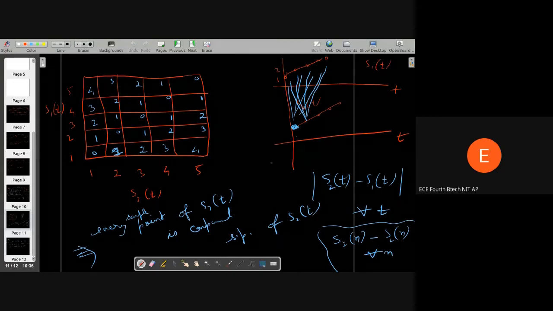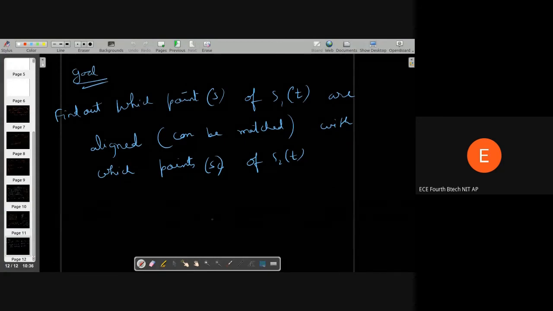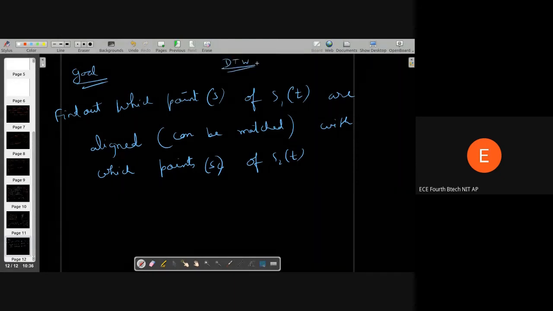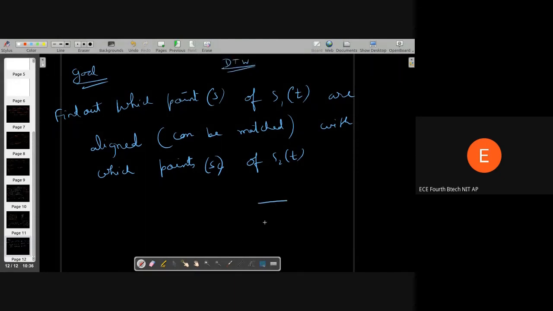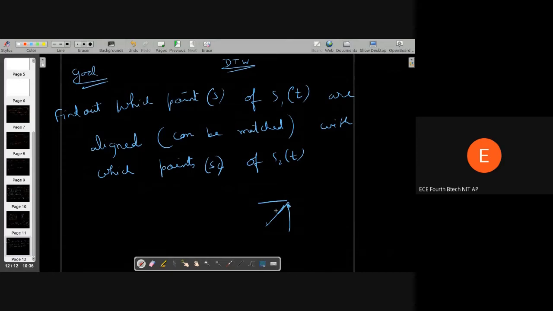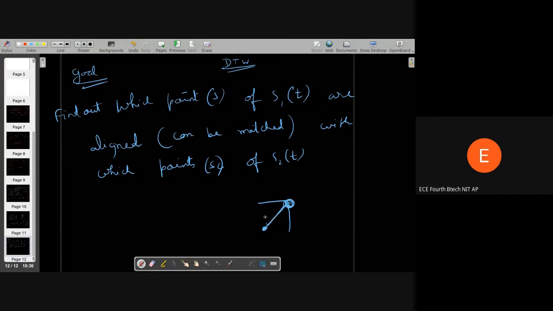So let's go back again to this. In DTW, the name is dynamic time warping, we'll have three parts. We could have more parts, but the simplest one will have three parts. From any point in a matrix, let's take this point, you have to see backwards.